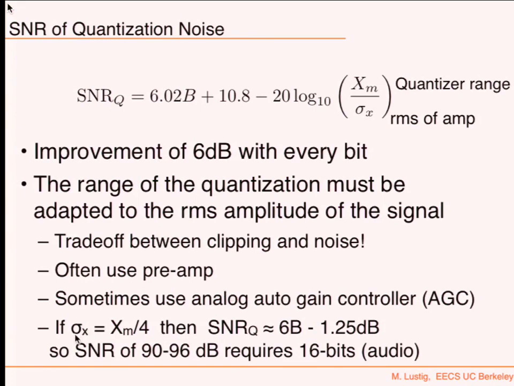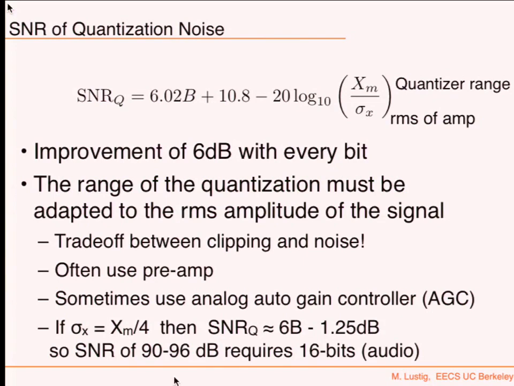Okay, so if sigma x, which is the root mean square of my signal, how much my signal changes, is about 1/4 of the dynamic range, then my quantization SNR is going to be 6 times the number of bits, approximately, minus 1.25 dB.